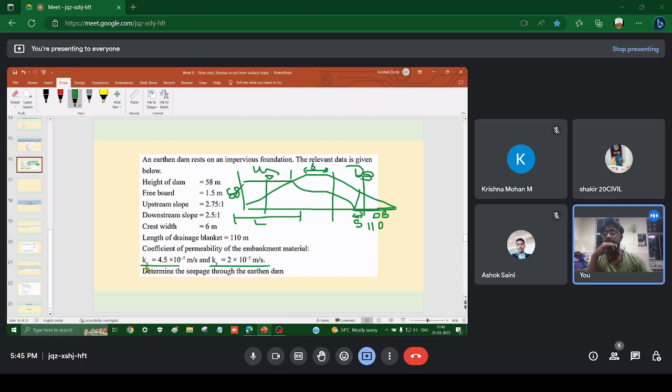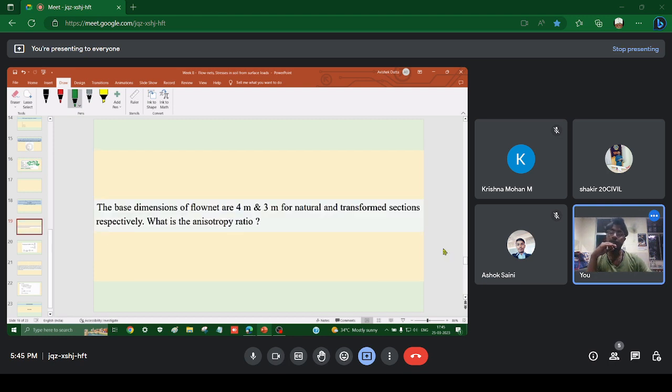Kx by ky is the anisotropy ratio. So if the base dimensions are this for natural and transformed sections, respectively, what is the anisotropy ratio? Clear? Is this question clear? Yes, sir.